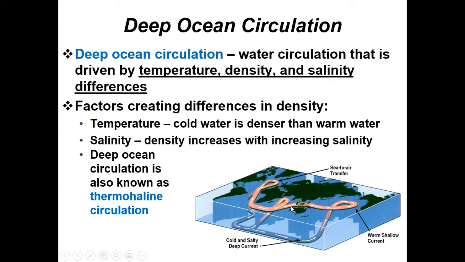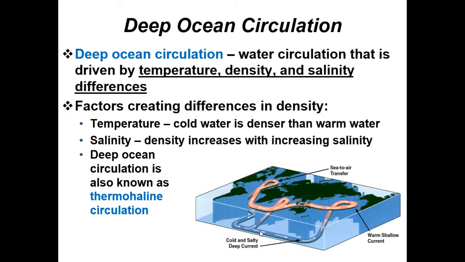Notice that when the thermohaline circulation starts to move down toward the South Pole, it sinks. The current goes from higher up in the ocean to down at the bottom.